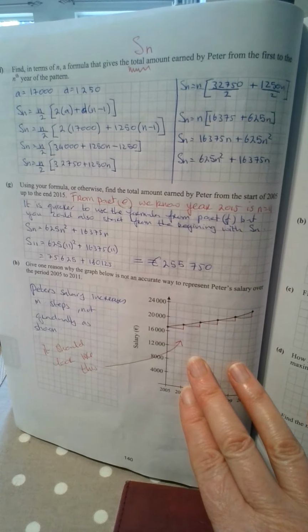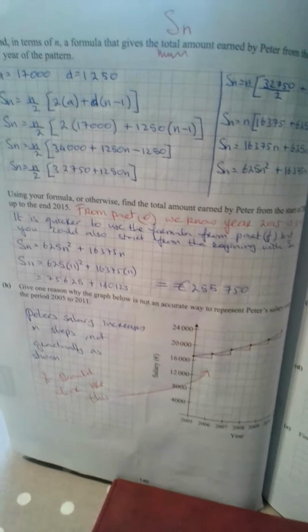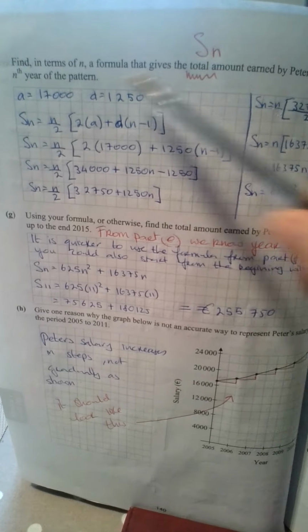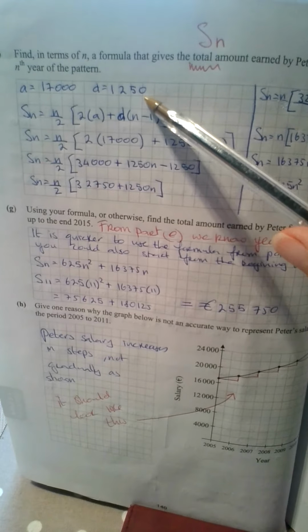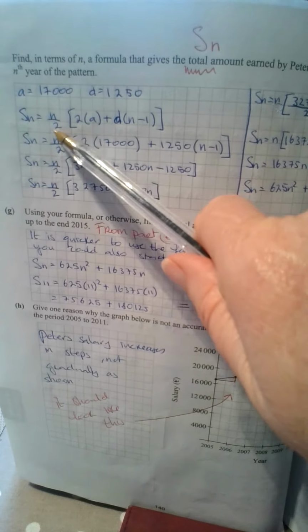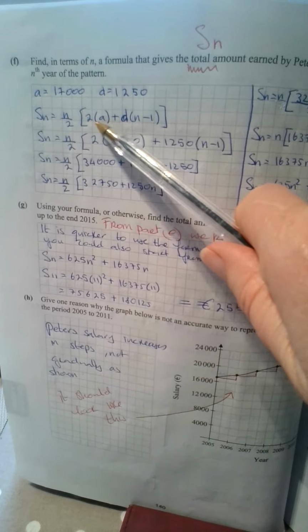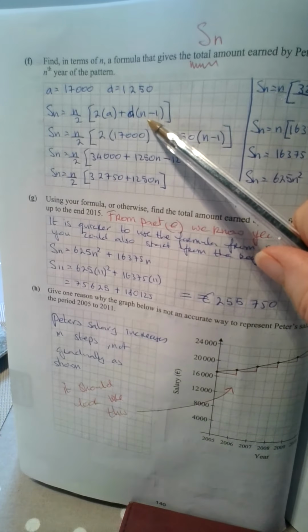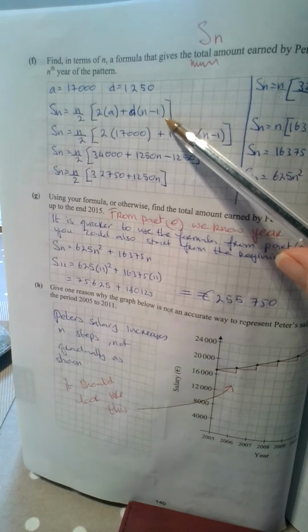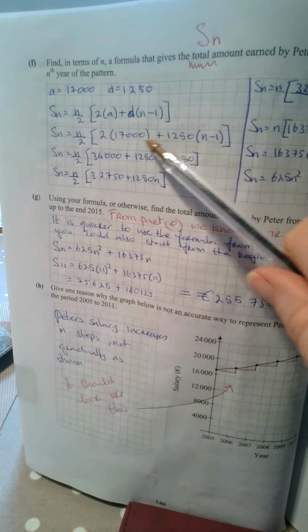Peter starts off at 17,000, so that is going to be his A. A is 17,000, and we know there's a difference of 1,250 between each of them. So we're going to use our formula from the formula tables. n over 2 times 2A plus, I've put my D in front of the brackets here already, D times n minus 1. Two sets of brackets just so that you can see clearly which goes with which.